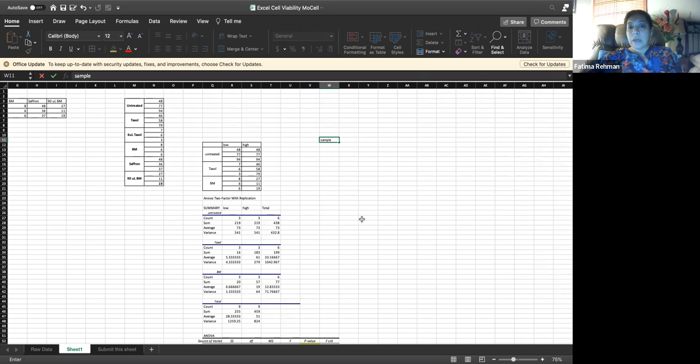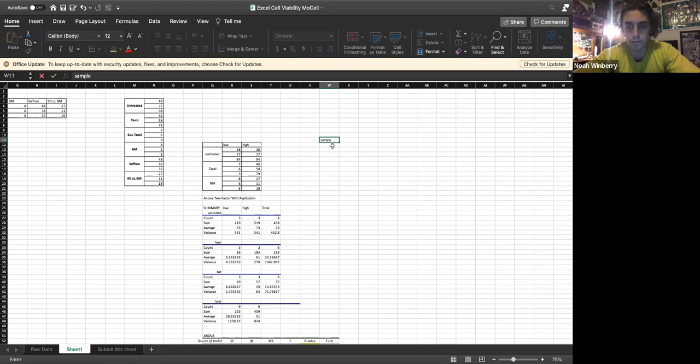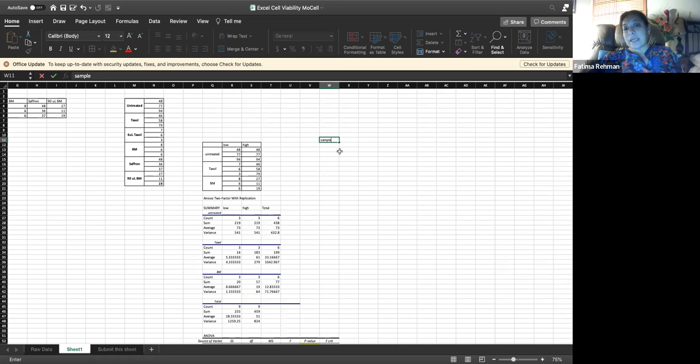So you would be doing untreated with Taxol low, untreated with Taxol high, untreated with Black Mulberry low, untreated with Black Mulberry high. So sample is basically untreated with Taxol, untreated with Black Mulberry, and Taxol with Black Mulberry.